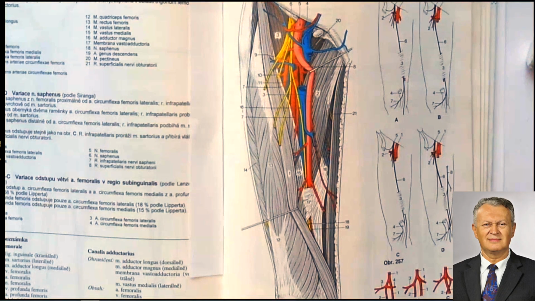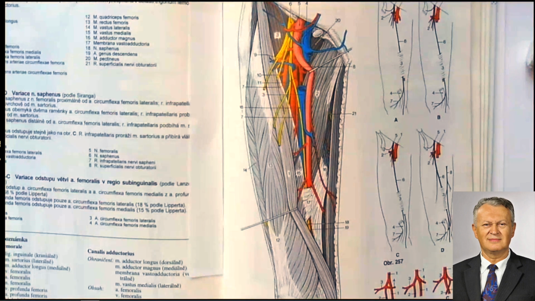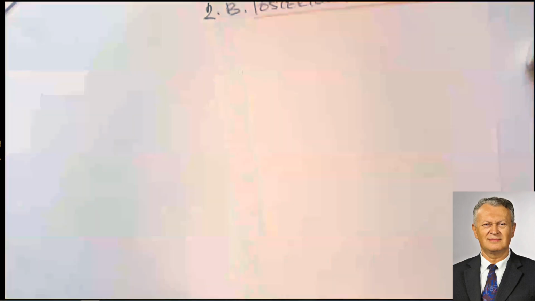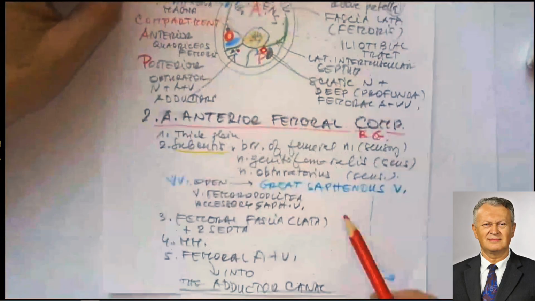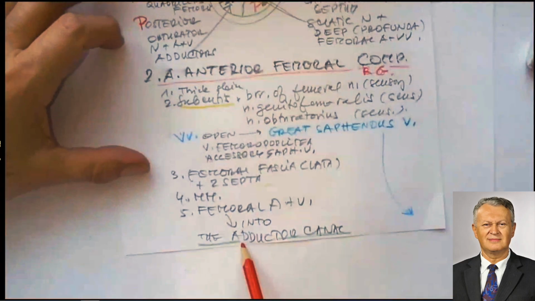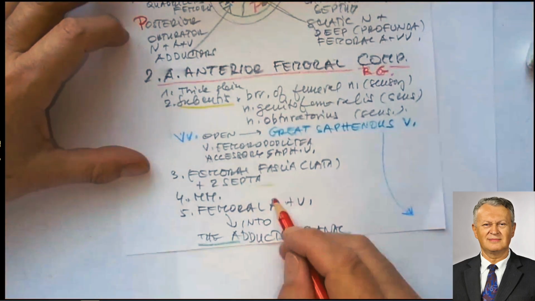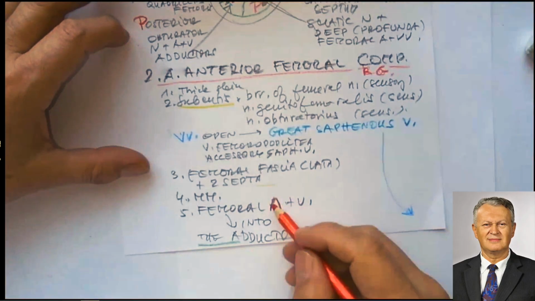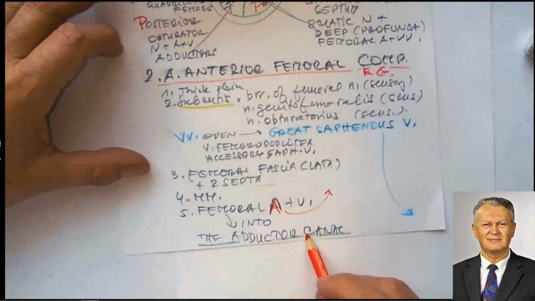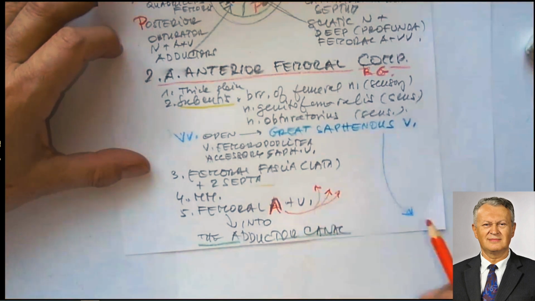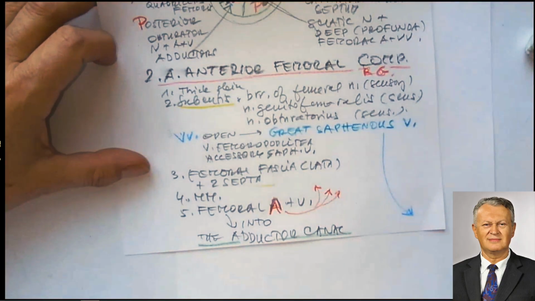If we look at the region, this was the anterior femoral region. So please add one important branch. This is the anterior femoral compartment, femoral artery and vein into the adductor canal, that is correct, and then also the femoral artery dividing into many branches, not descending to the adductor canal but sending many branches, and we would name them.